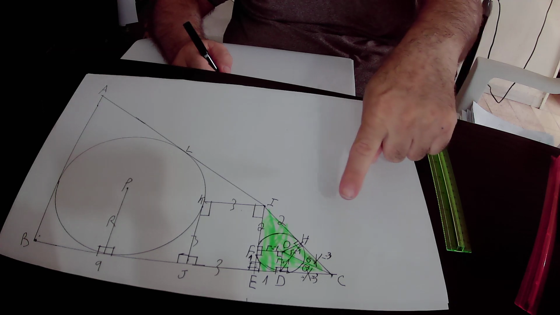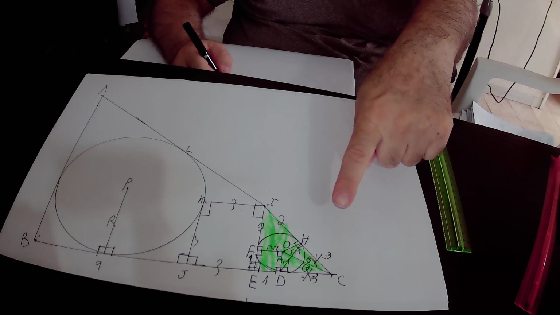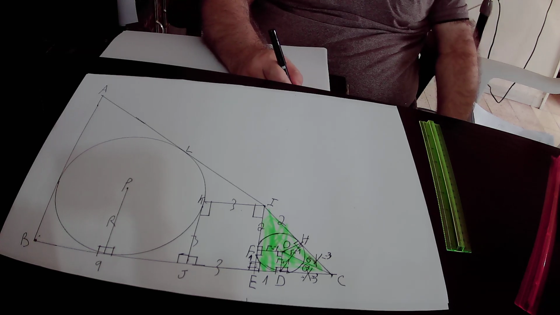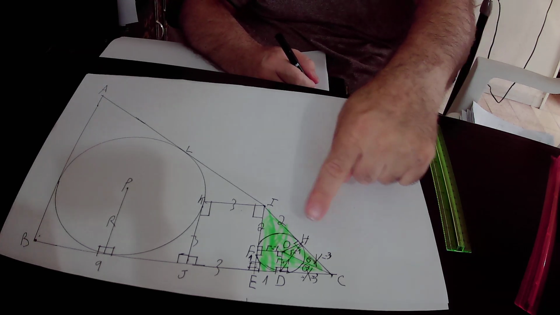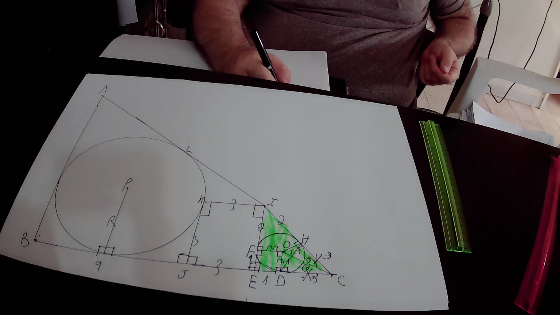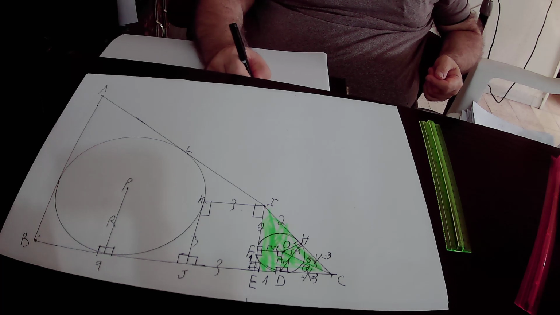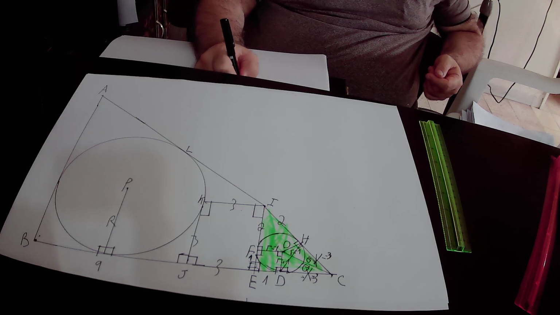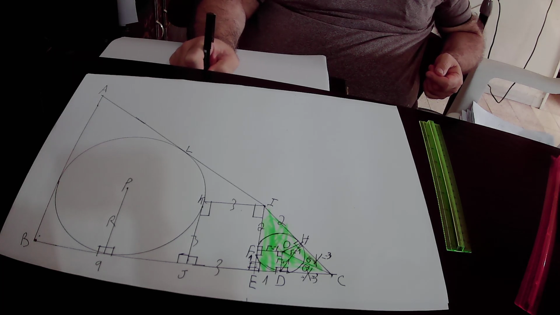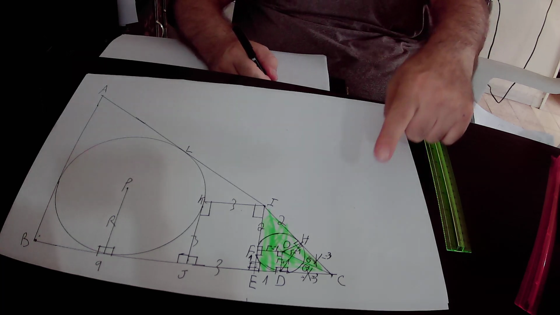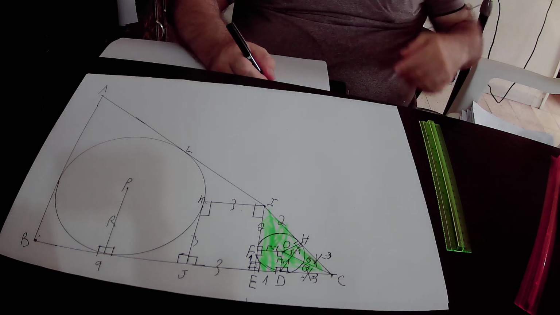Because it bisects angle C into two halves. Each half equals theta. So I write it down. CO is the angle bisector of this angle, angle C.